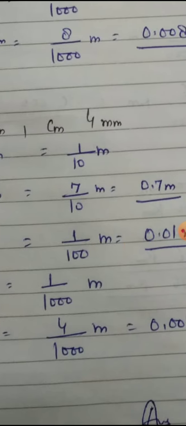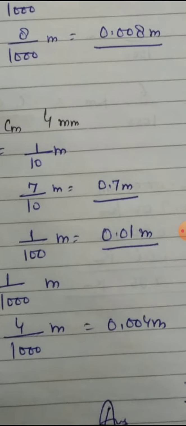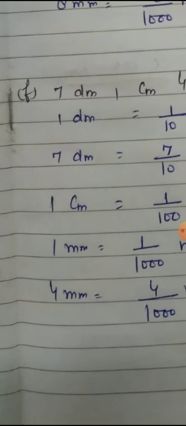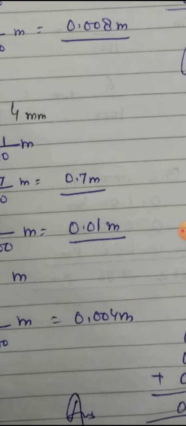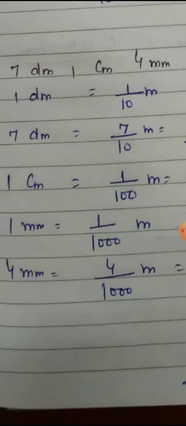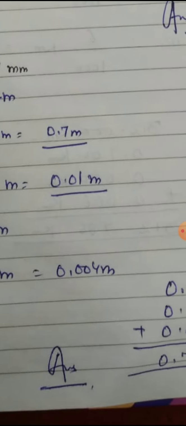When you convert 7 decimeter, you will get 0.7 meter. When you convert 1 centimeter, you will get 0.01 meter. And when you convert 4 mm into meter, 4 upon 1000 meter, we will get 0.004. Now add all the numbers.